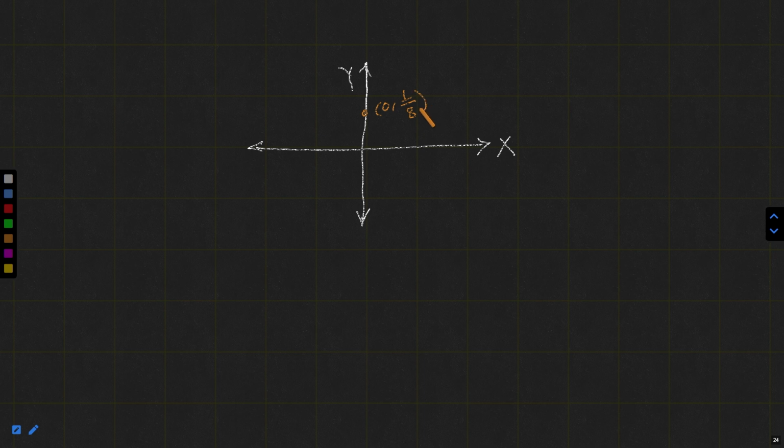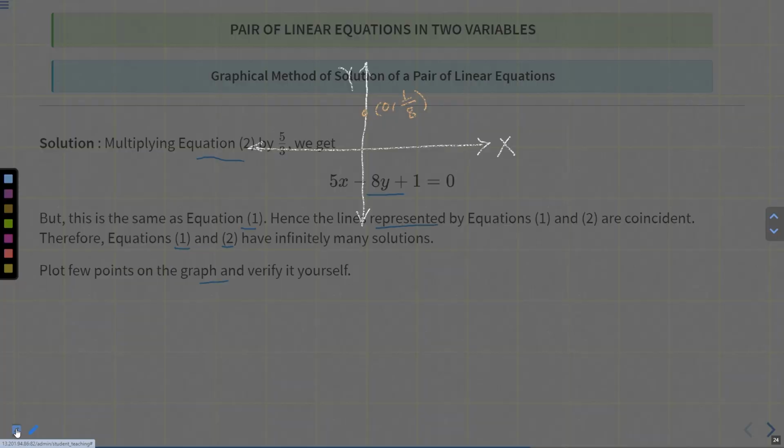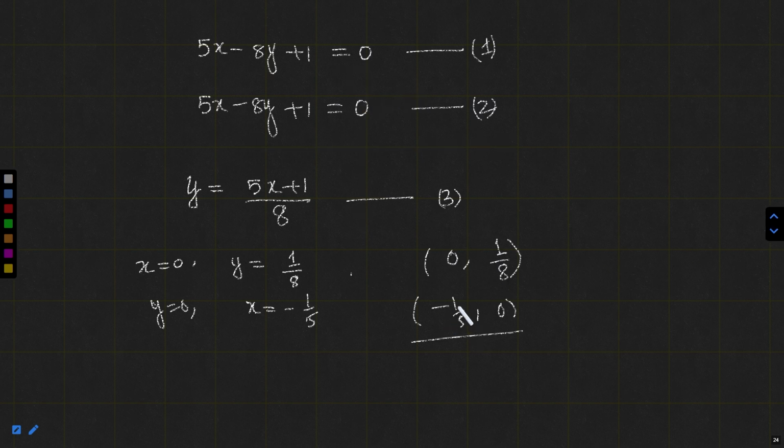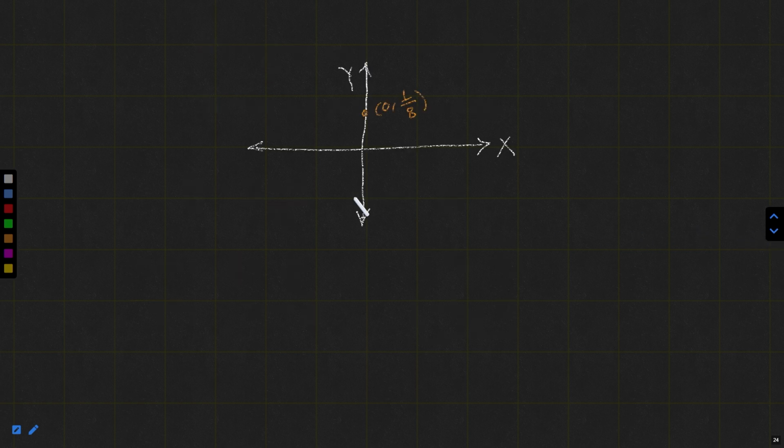And the point minus 1 by 5 comma 0 basically will lie on the x-axis, that is the negative direction of the x-axis.